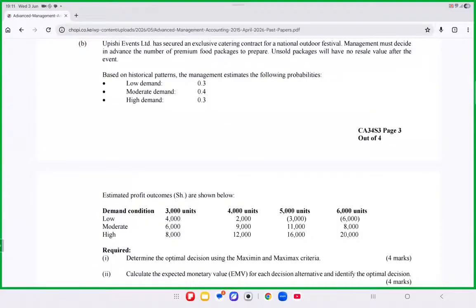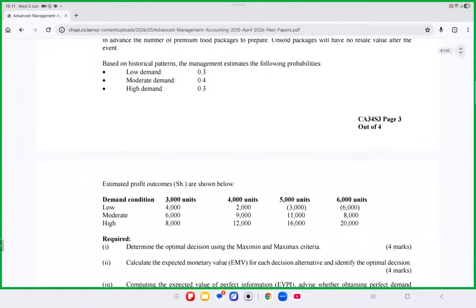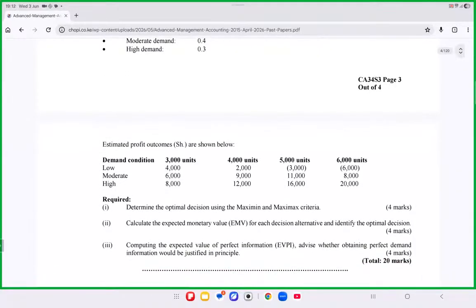Based on historical patterns, the management estimates the following probabilities. So you can see there we have our three states of nature: low demand, moderate demand, high demand. Estimated profit outcome. So you guys are lucky because they gave us the payoffs, shown below. Then they want us to determine the optimal decision using Maximin and the Maximax criteria.